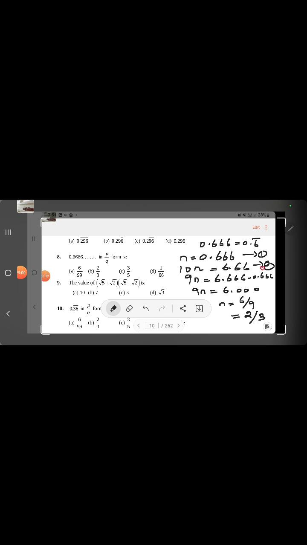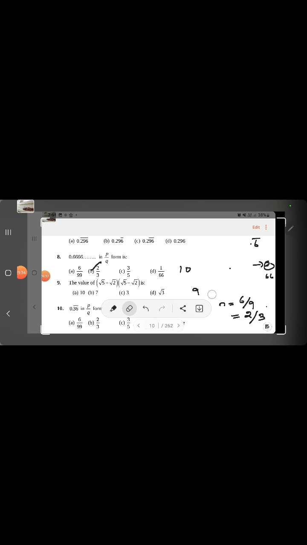Now subtract equation 1 from 2: 10n minus n is 9n, and subtracting 6.666 and 0.666, you get 6.000, so that is just 6. We need to find the rational form, that is the fraction. So n is equal to 6 by 9, and you can simplify this into 2 by 3. So 2 by 3 is the right answer for the 8th. I hope this is clear.